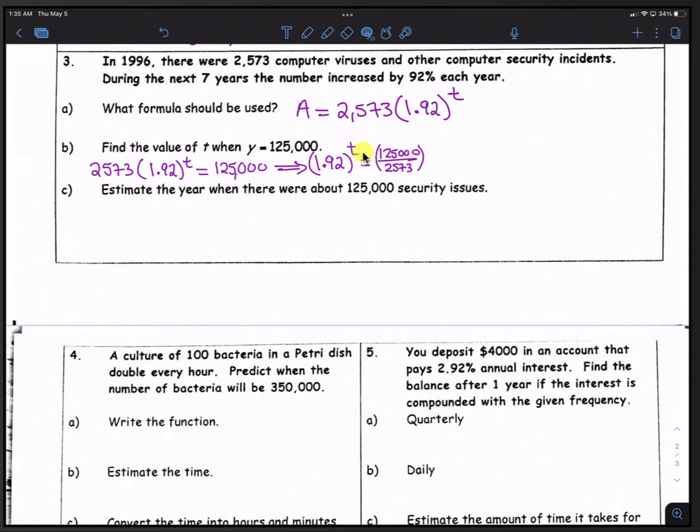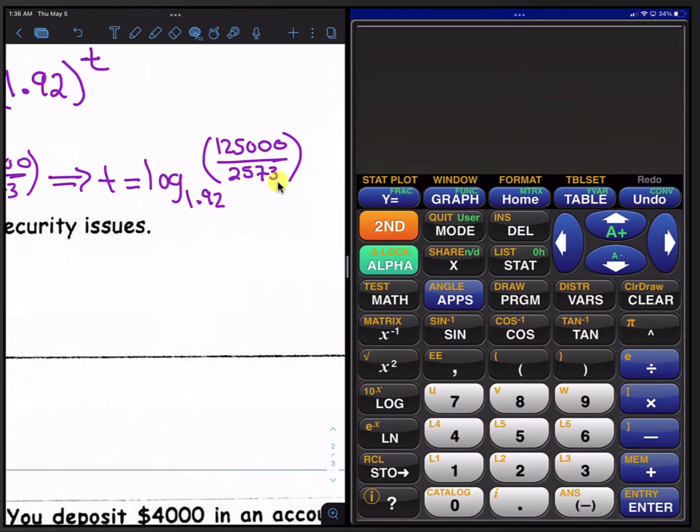Now we'll convert this into log form. And in log form, it's log base 1.92 of this fraction is equal to t. And now we can plug this into our calculator, either using change of base or by going into the math menu. All right, first I'm going to type it in just using the change of base rule.